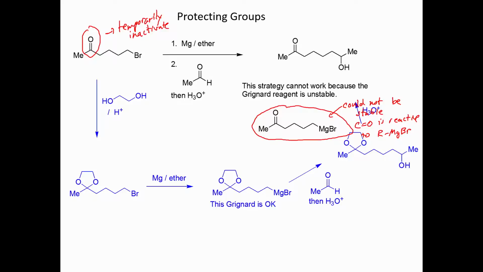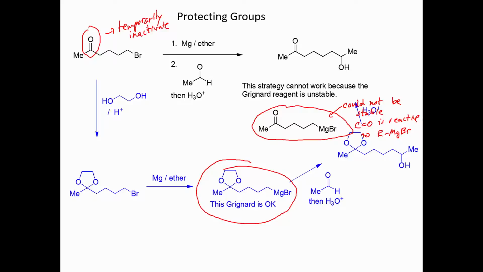Once the acetal is made, it can react with magnesium in ether, and now this Grignard reagent is okay. There's no problem with it. An ether and a Grignard reagent can exist as part of the same molecule. So now this Grignard reagent sits there, waits for somebody to add acetaldehyde. This makes this, and then this reacts with H3O plus.